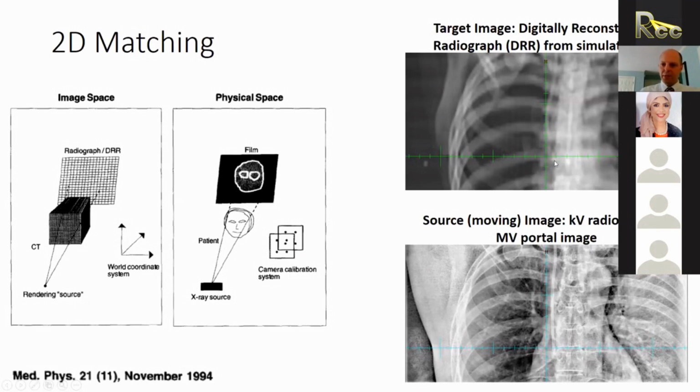On the top right here, you can see an example of a digitally reconstructed radiograph, and on the bottom, you can see an example of the projection image. This is a kV projection image that would be matched to it.